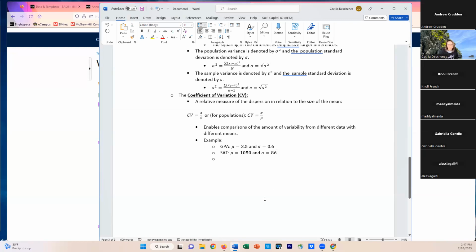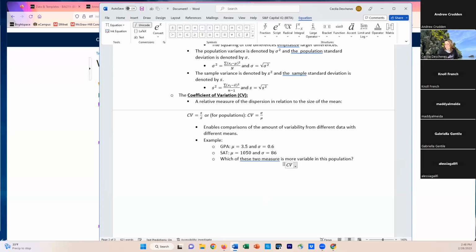Okay, so the question that the coefficient of variation helps us answer is, which of these two measures is more variable in the population, right? Which is more variable? Well, what we would do to answer that question is calculate the coefficient of variation.